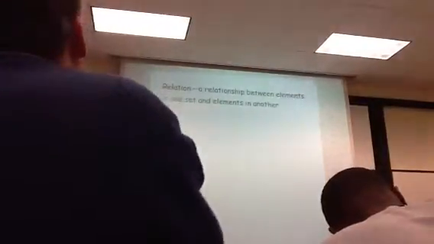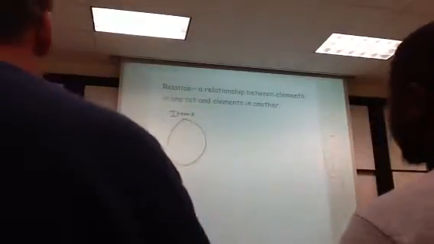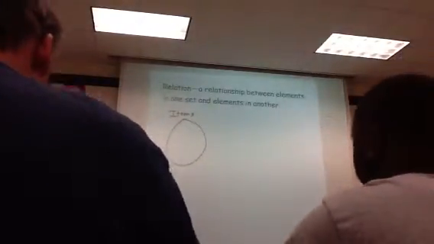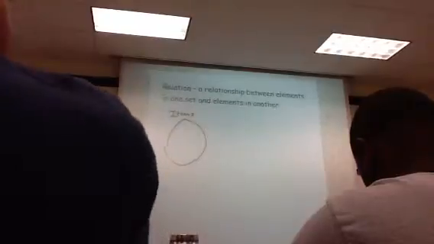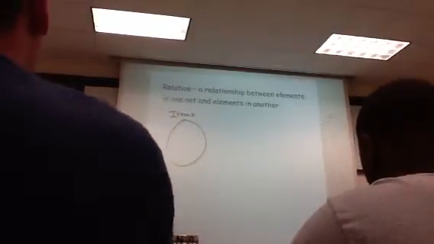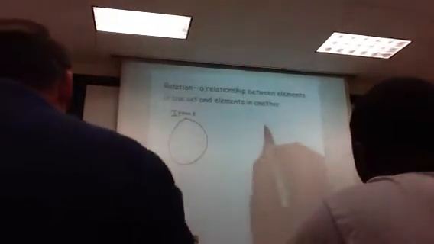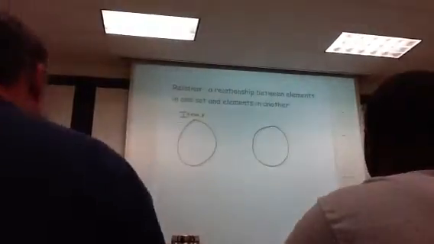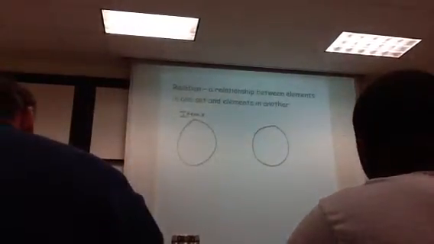Hey, every time you go to the grocery store, you see a relation. You see a working relation. Consider these two sets. Every time you go to Kroger, you get a bunch of items on the shelves, right? Unless it's right before a hurricane, in which case there's nothing. But typically you go to the store and there's a bunch of items. And what you discover is that every item is related to a price.